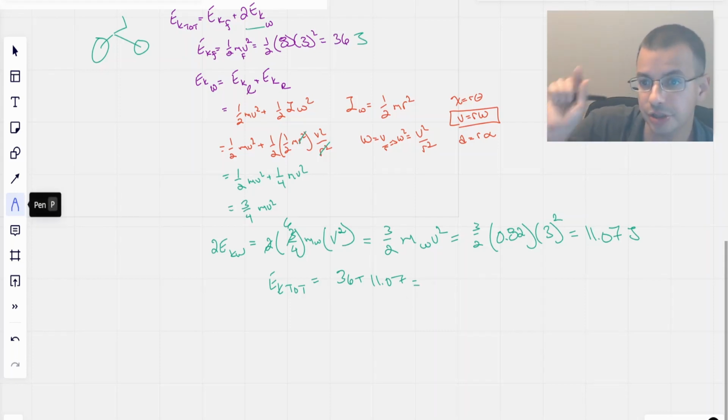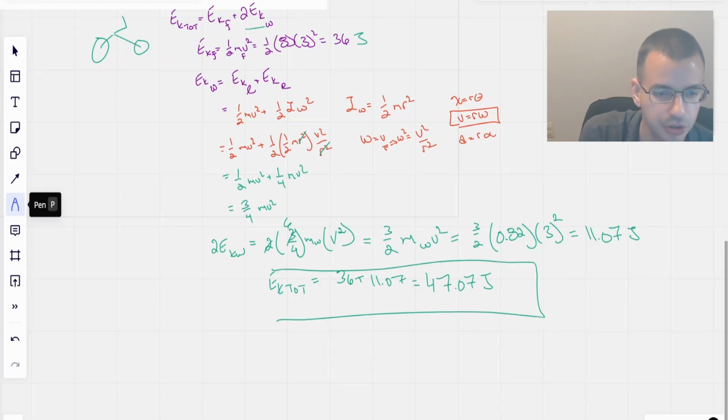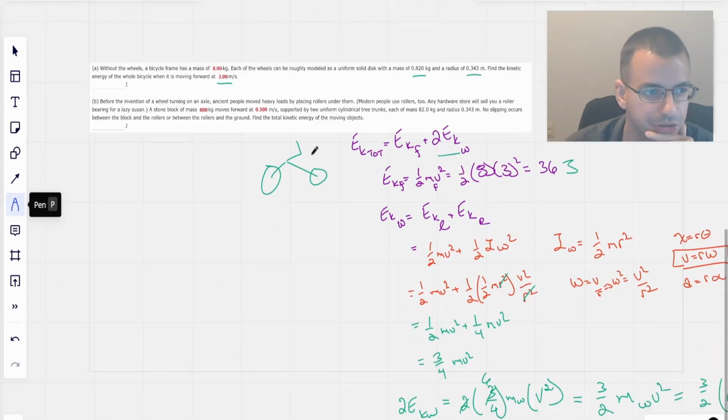And that's because there's a relationship between the linear motion and the rotation of the wheel. 47.07 joules. That's the total kinetic energy of the bike, including the frame and the 2 wheels.